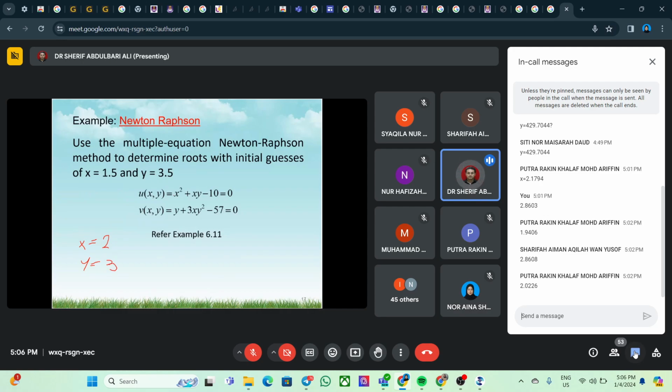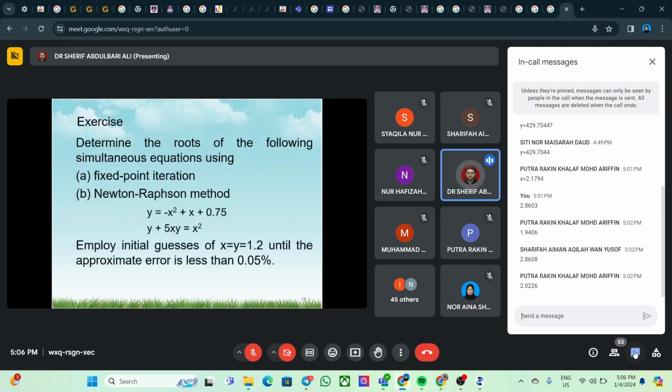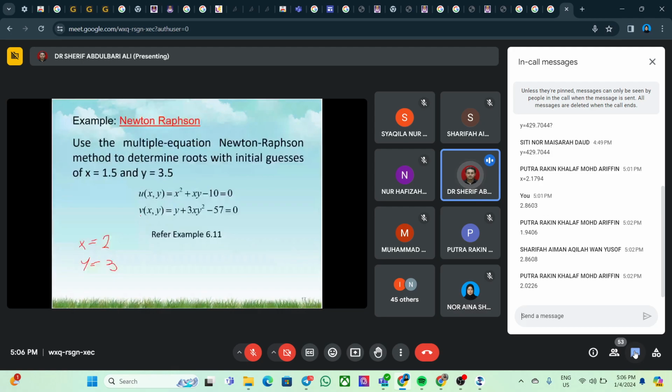Here, since we are not using fixed point, we use the functions themselves to solve, based on the partial derivative equations. Let me show you the Excel file first. By the way, this example is also in the textbook, so you can review it there, but I will explain it here in the Excel.